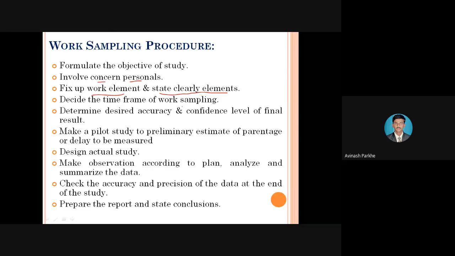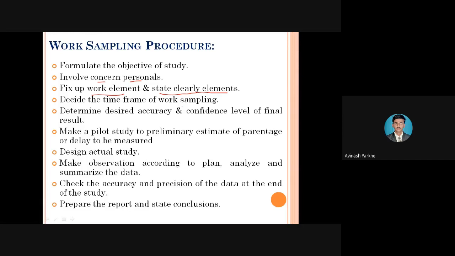So whenever the supervisor is coming, for that particular supervisor, we have to decide the time frame. At which period? For example, the supervisor is coming in the morning session from 8 to 9 a.m. Then in the afternoon session, he is coming from 1 to 2 p.m. and in the evening session, he is coming from 4 to 5 p.m. Like that, we have to decide the time frame of that particular supervisor, and in that particular time period, the supervisor can visit.